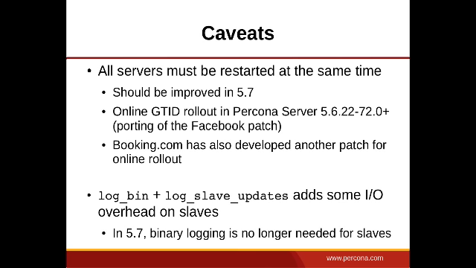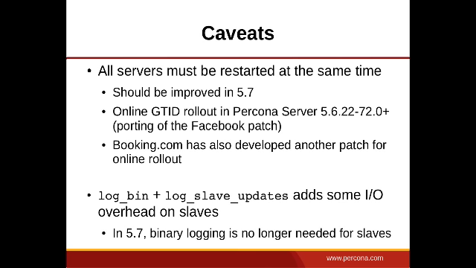The first one is to use the latest Percona Server, which has an online GTID rollout feature, which is a port of what Facebook has developed before, and Booking.com has also developed another patch for online GTID rollout, so it can also be useful.